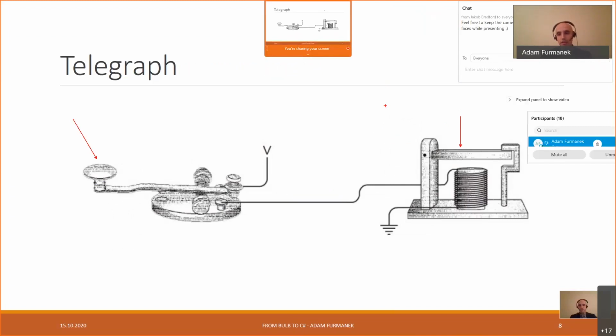And this is how the telegraph works. So if you ever heard about intercontinental communication using the telegraph, it's based on this super simple principle, which we could just apply by taking light switches and moving on.